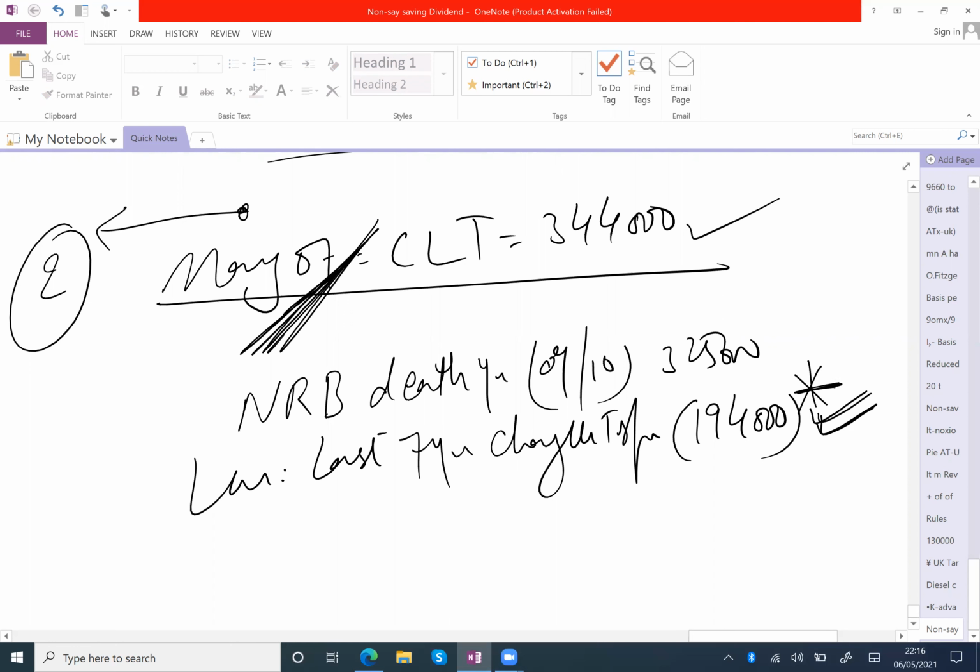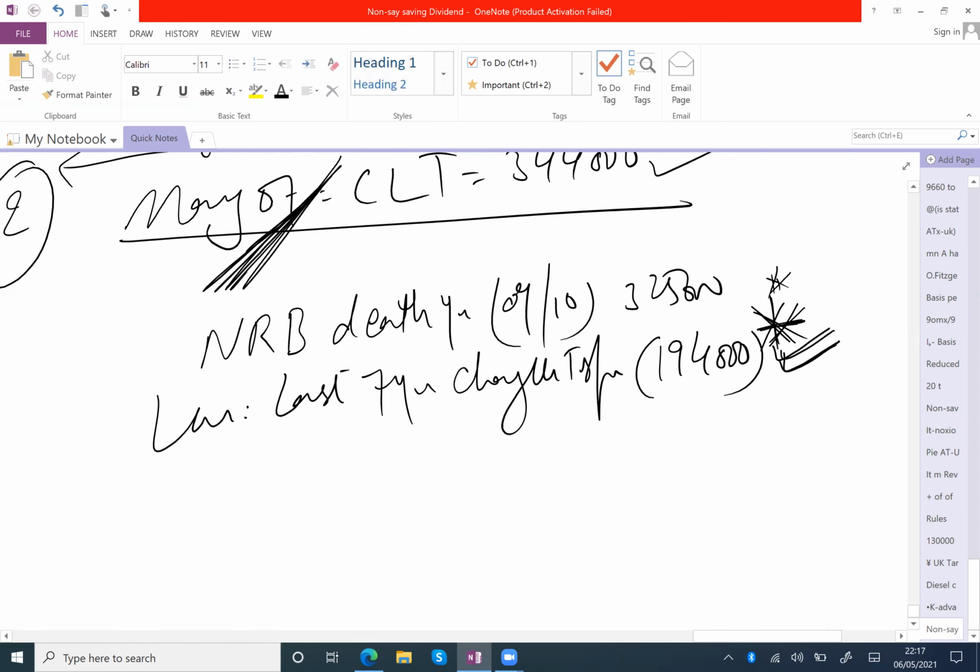From the timeline, the 194,000 value you have to deduct from here. Means the value before fall in value relief you have to deduct, not after fall in value relief. So please remember this point, it's very important. That's why the timeline is important, because from the timeline you deduct the value, not the value after fall in value.